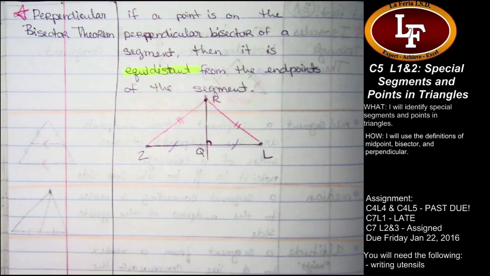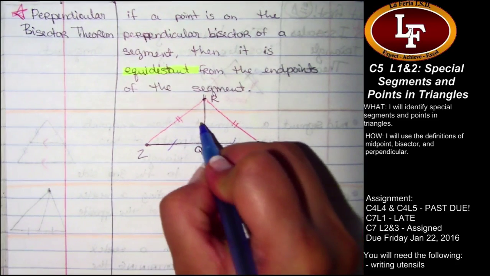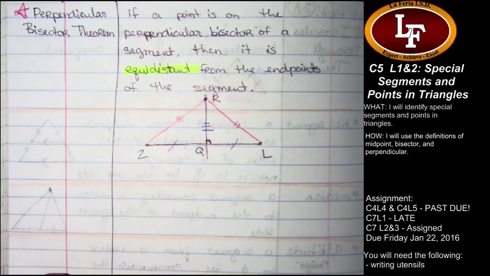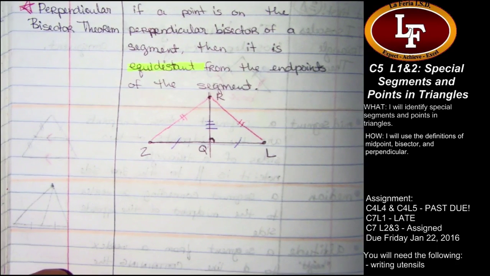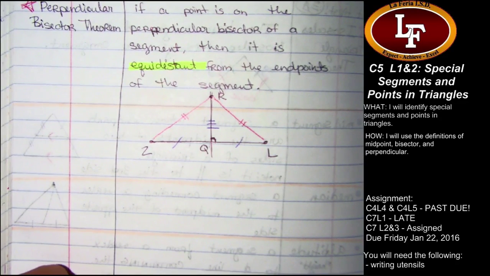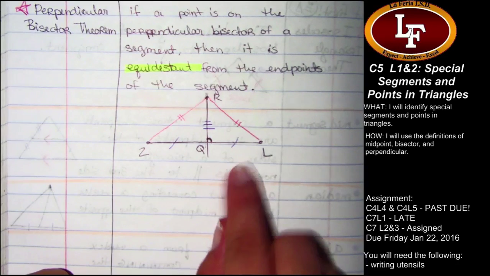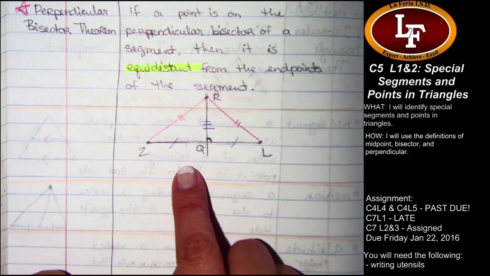What else do we have? We could have some reflexive property going on right in here to say that that segment is congruent to itself. We don't have an angle, but we do have a side, side. And with that side, side, we can say that this triangle here on the right is congruent to the other one.